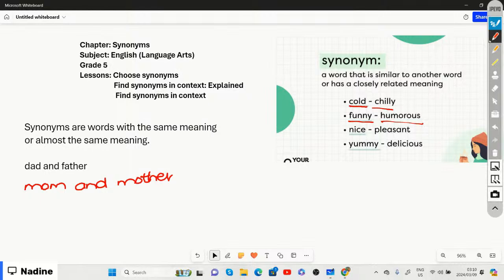You can say a funny movie, or you can say my friend is funny, my friend is humorous, or hilarious. And then another example of a synonym is nice or pleasant.